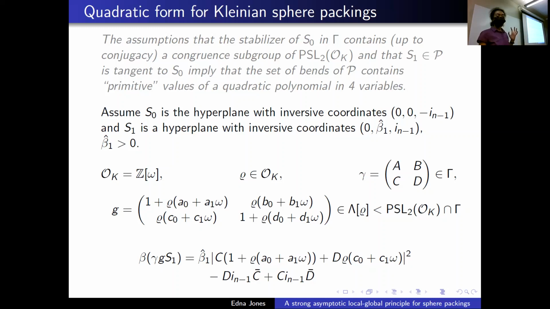And by definition, gamma G S1 is in my packing. So the whole question of whether a certain bend occurs, I've turned it into: can I write a number in this form?